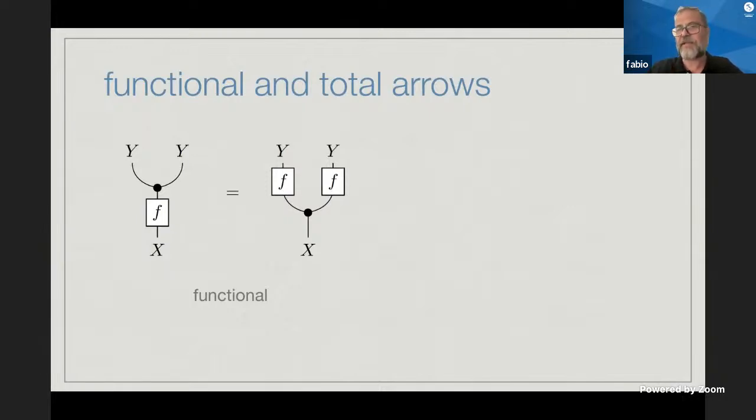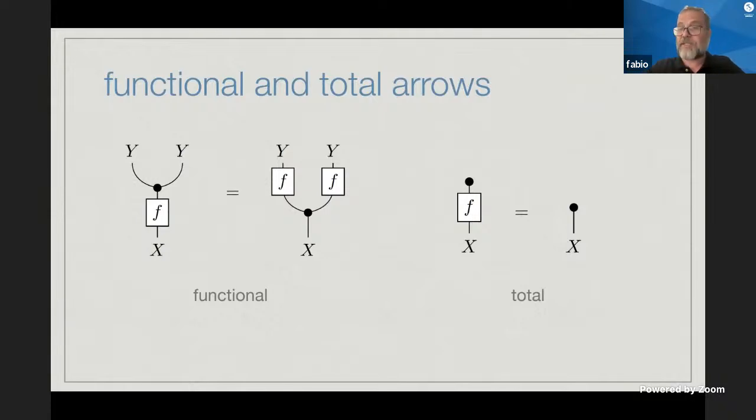That is to say, first share the input, if you allow me, and then put two copies of f. And it is total if, whenever I have an arrow f and then apply the delete, I basically throw away the f.